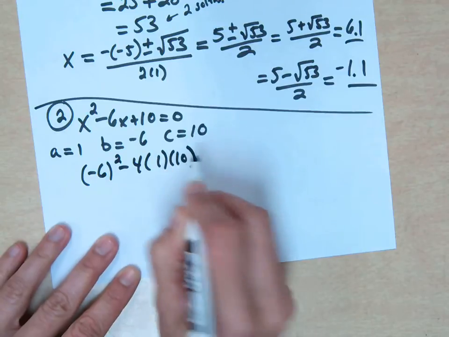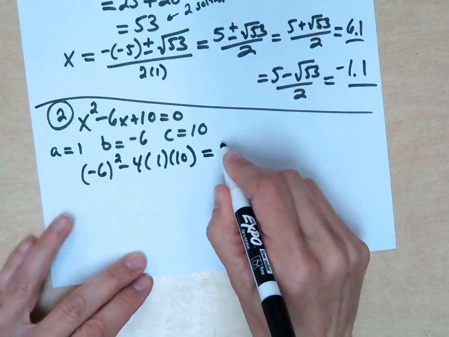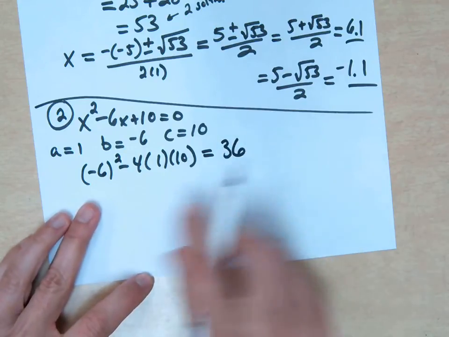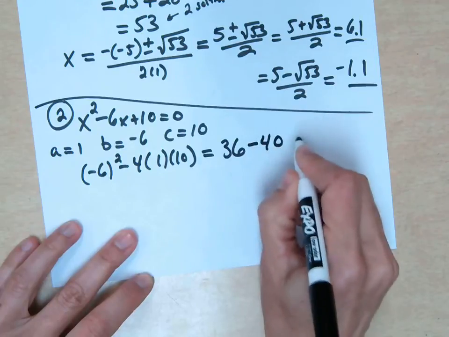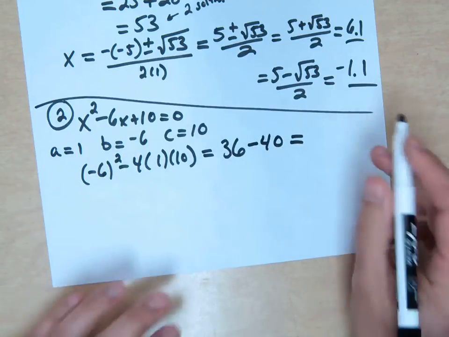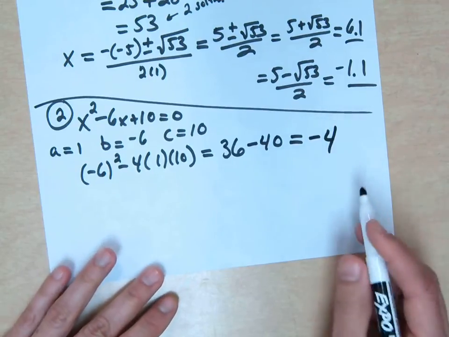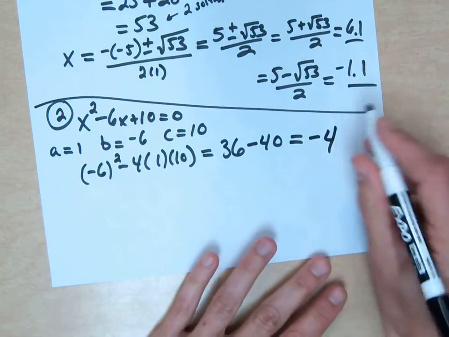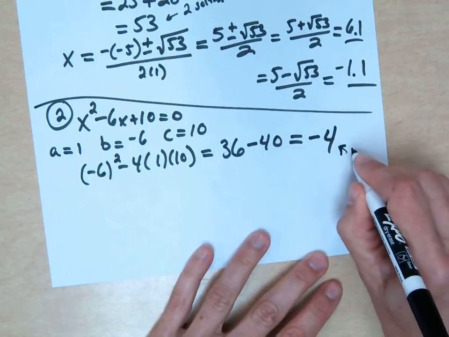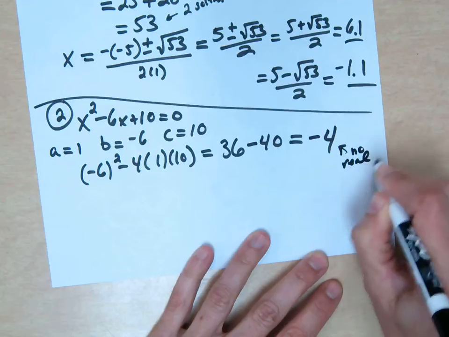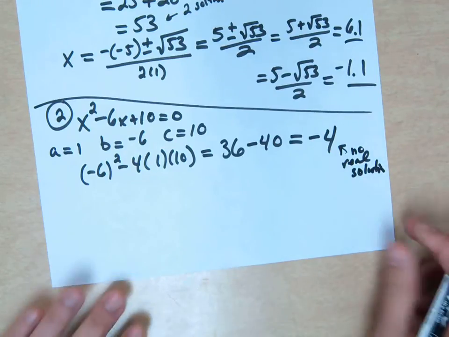So B squared minus 4AC is going to give us 36. And is it plus or minus 40? Minus 40. So that gives us a negative number.